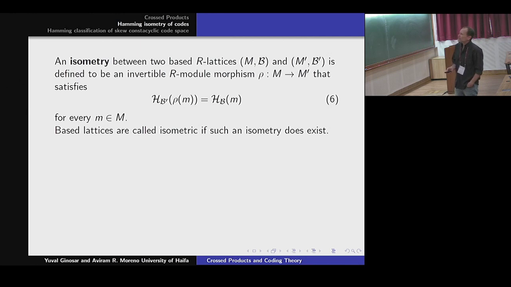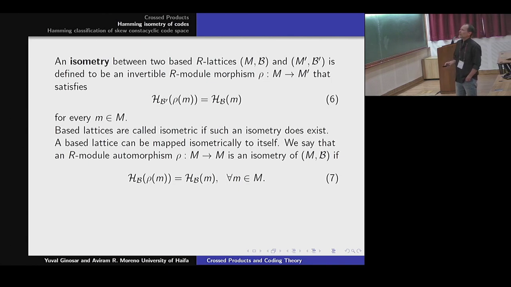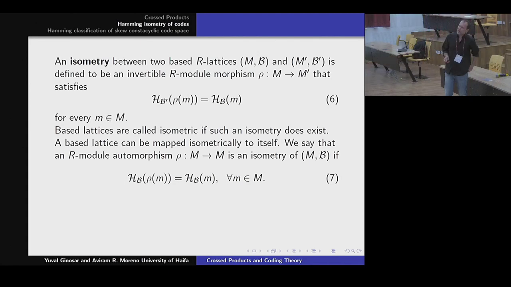Based lattices are called isometric if such an isometry does exist. Okay, if we have an isometry between two spaces, then such a space can be isometrically mapped to itself. We say that an R-module automorphism is an isometry if condition 7 holds.